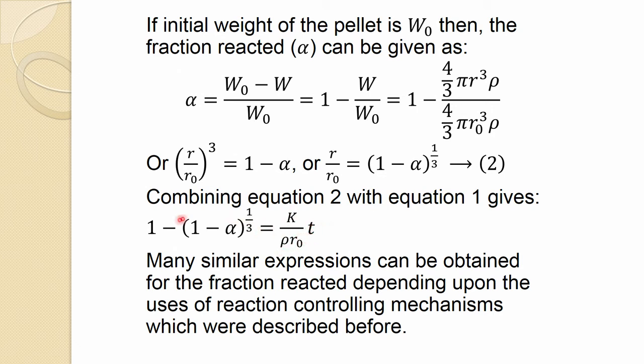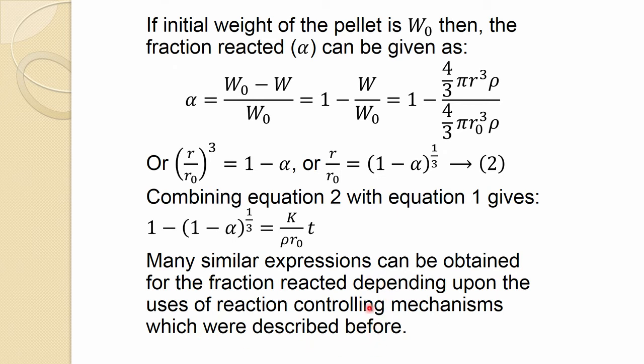So, this gives us a relation, and using this relation one can calculate the fraction reacted in a given time. Many similar expressions can be obtained for the fraction reacted, depending upon the reaction controlling mechanisms which were described before.